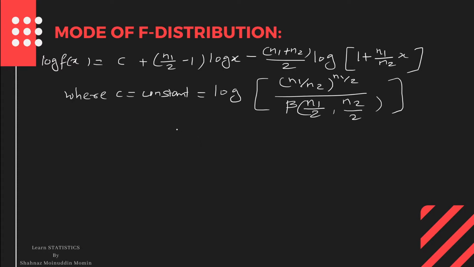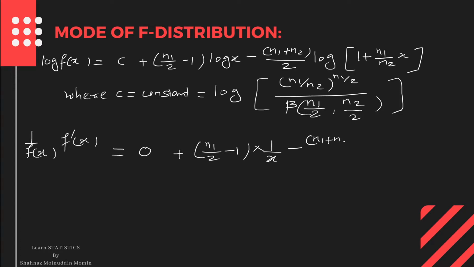Now differentiate on both sides. We get 1 upon f x into f dash x, since the derivative of log f x is 1 by f x into f dash x, which is equal to 0, as the derivative of c is 0, plus (n1 by 2 minus 1) into 1 upon x, as the derivative of log x is 1 upon x, minus (n1 plus n2) divided by 2 into 1 upon (1 plus n1 upon n2 x) multiplied by the derivative of this bracket.